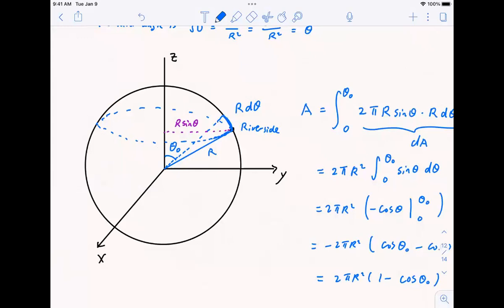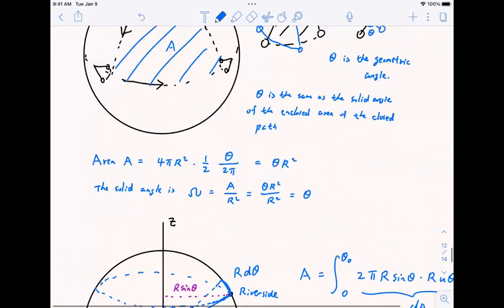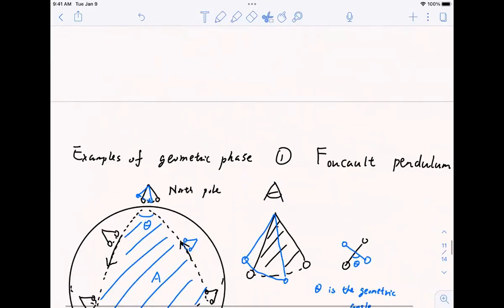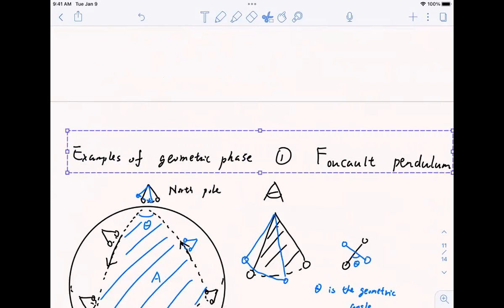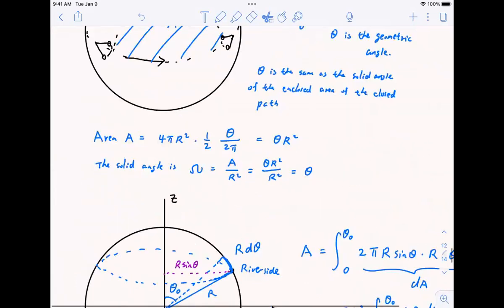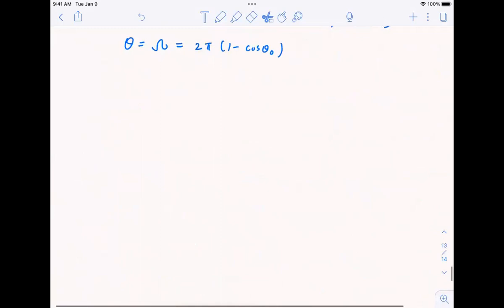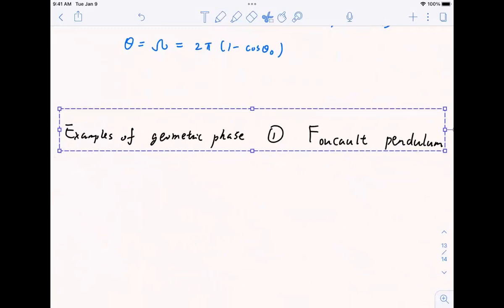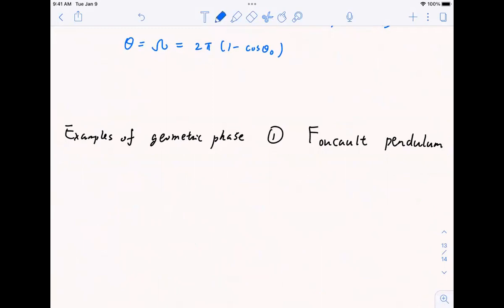Is it okay? Okay, so now we're going to do a quantum mechanics example of this geometric phase. Eventually we'll go to the solid state and see how the Berry curvature will affect the properties of a material.